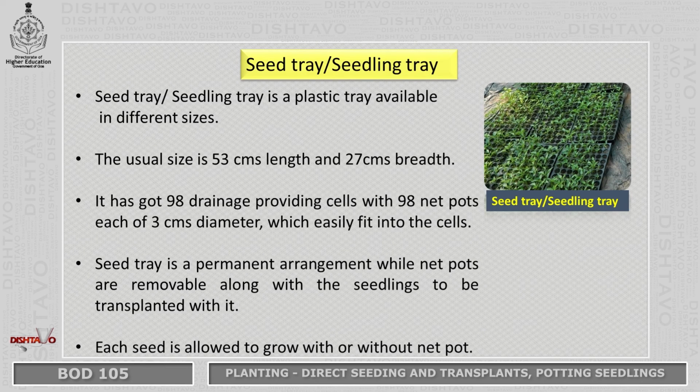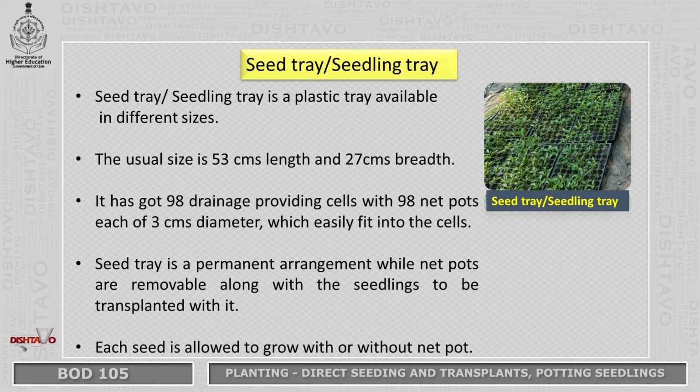Seed trays or seedling trays. In this picture, you can see seed trays or seedling tray. It can be plastic trays available in different sizes. Usual size is 53 cm length and 27 cm breadth.